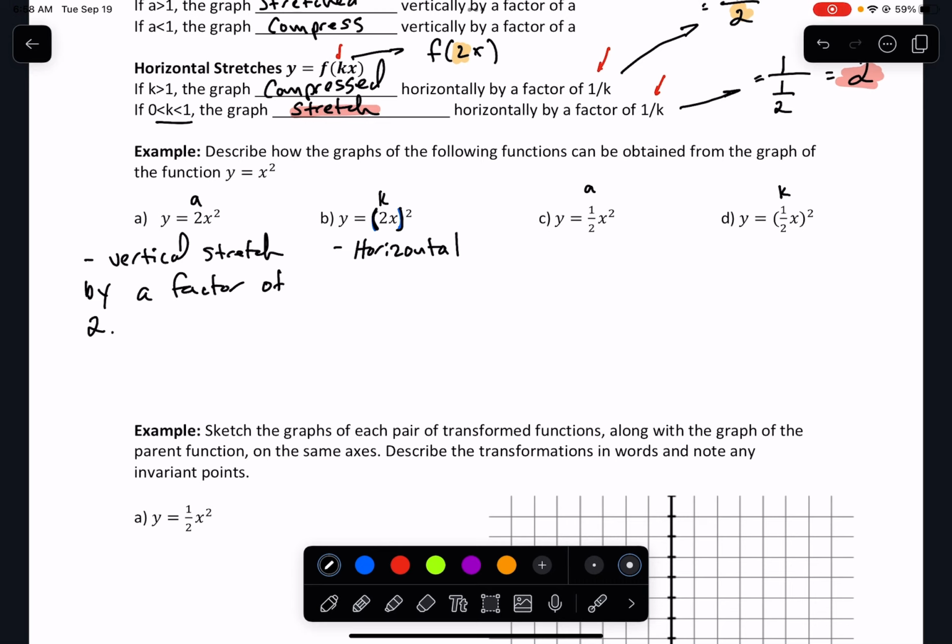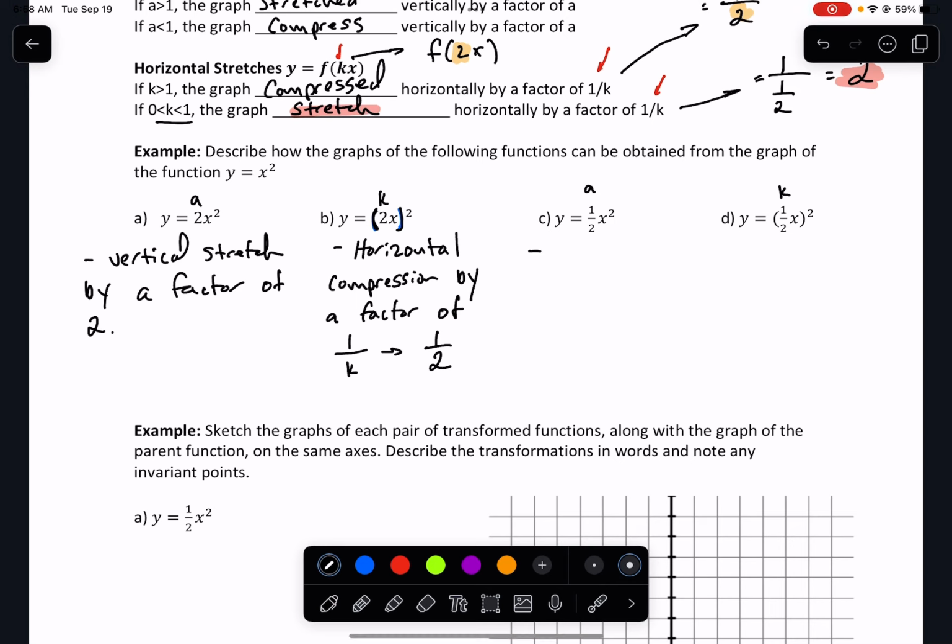We're going to have a horizontal, now careful, it's not what you think it is, it's a horizontal compression here, by a factor of, remember, 1 over k. K being 2 in this question, so 1/2. It's a compression by a factor of 1/2.